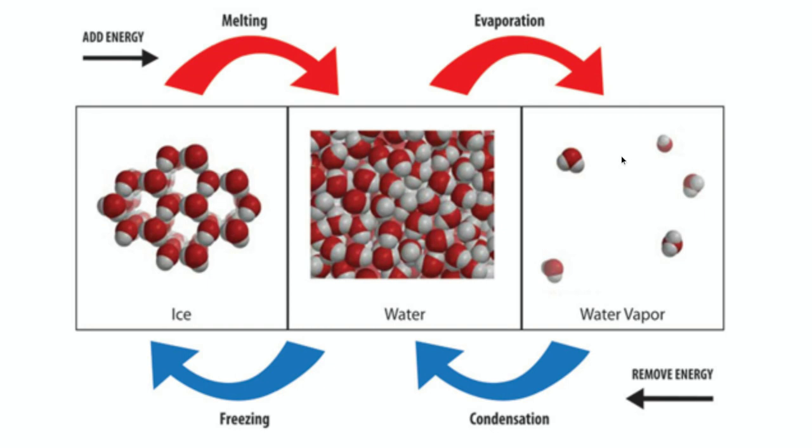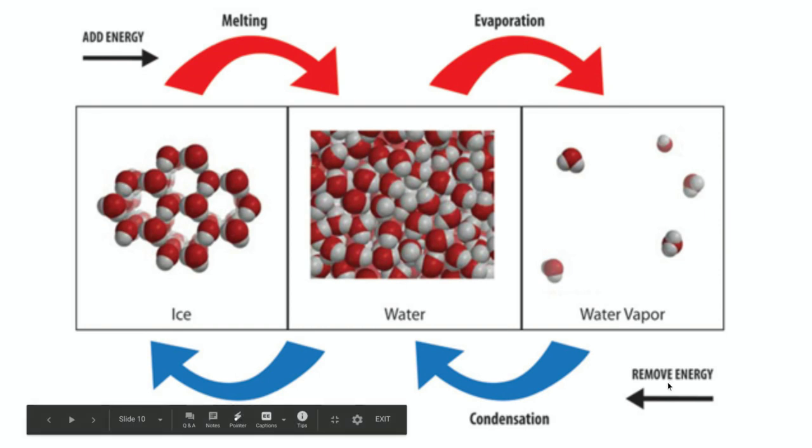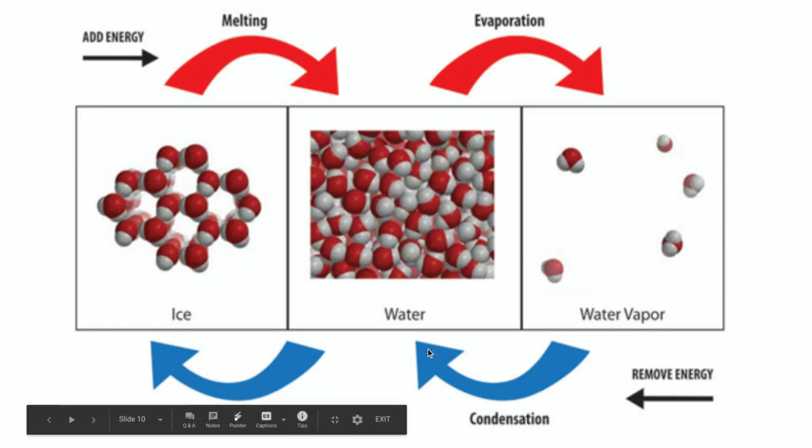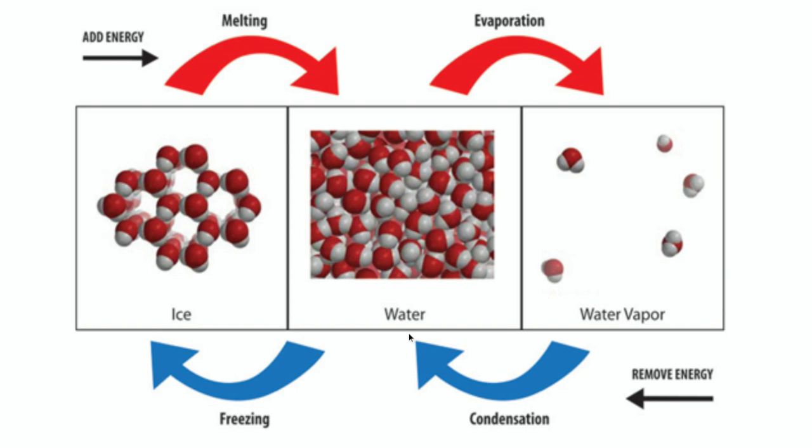The water vapor molecules are separated from each other, and if we remove thermal energy, they will start to slow down. Eventually, when they come into contact with each other, they'll start sticking together, and we call that condensation. So, water vapor, as it loses thermal energy, will condense back to a liquid.